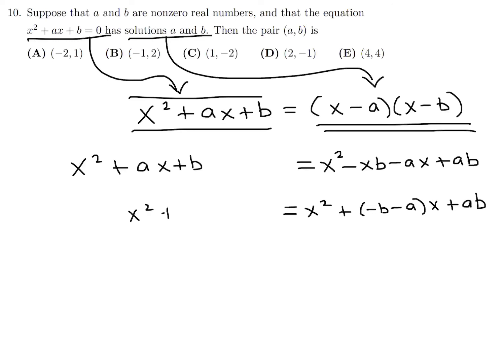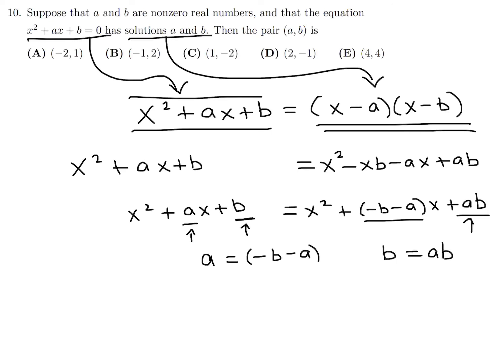And that is equal to x squared plus ax plus b. So these coefficients will match. So that means that a over here is the same as minus b minus a, and this b right here is the same as that. The numerical value must be equal.